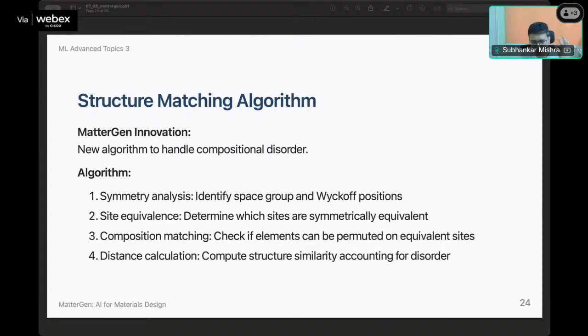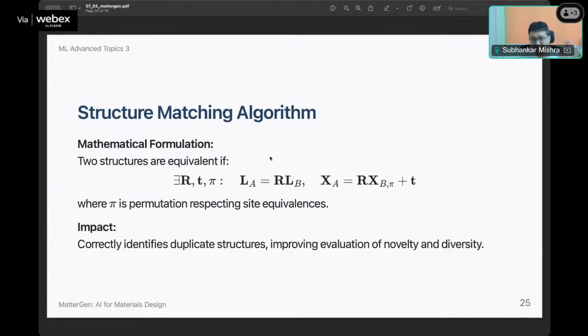First is the symmetry analysis: it identifies the space group and the Wyckoff positions. Then site equivalence: determine which sites are symmetrically equivalent. Then composition matching: if I permute equivalent sites and it's still the same. And then distance calculation: you compute the structural similarity accounting for the disorder. This is the algorithm that they introduced, and this is new from their point of view.